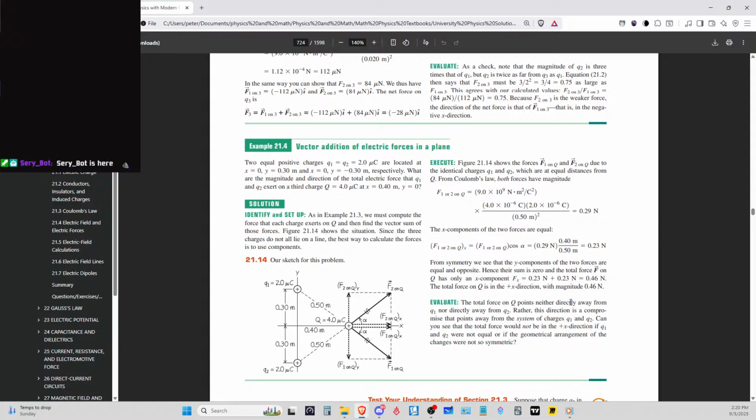The total force on Q is neither directly away from Q. Rather, this direction is the compromise that points away from the system of charges. You can see that the total would differ if the charges were not equal, or if the geometric arrangement of the charges were not so symmetric.